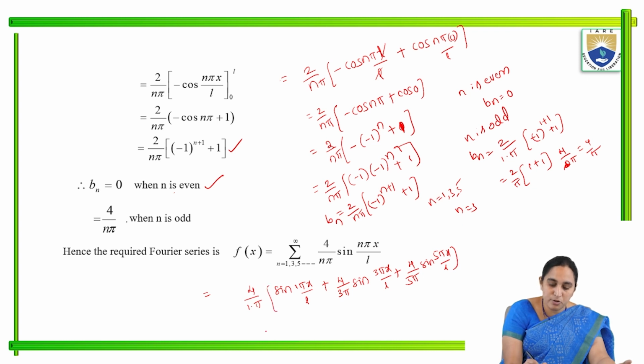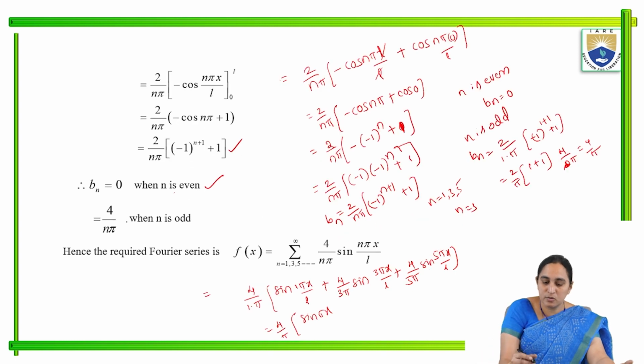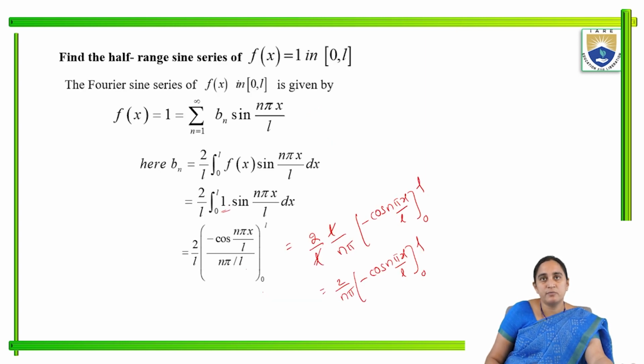From the question, L is L only. They are asking within the limits 0 to L, so there is no need to substitute L. Okay, this is the required series for the function 1 within the limits 0 to L.